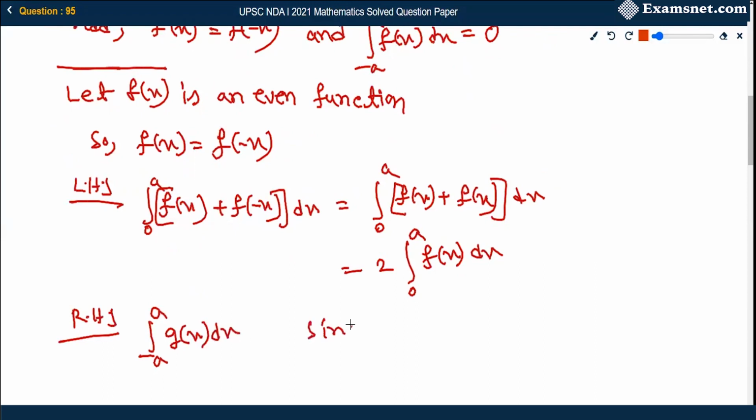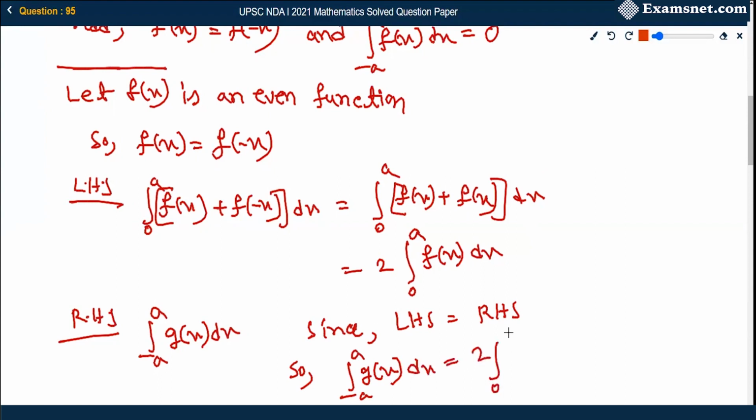Now since LHS equals RHS, we can write that the integral from minus a to a of g of x dx equals 2 times the integral from 0 to a of f of x dx, correct?